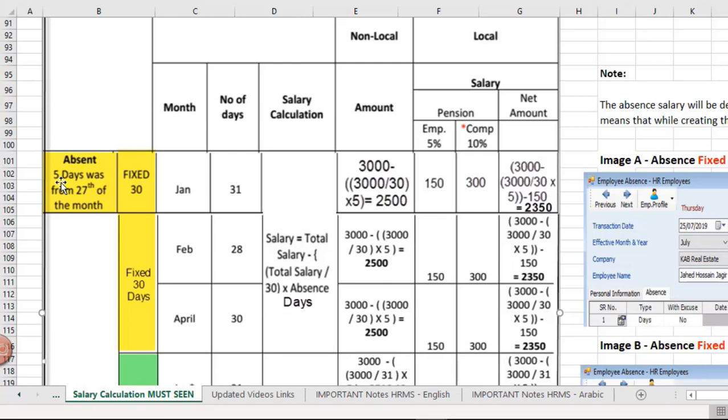So our main concern in this case is that there were 5 days of absence. So we're talking about the 27th of February.